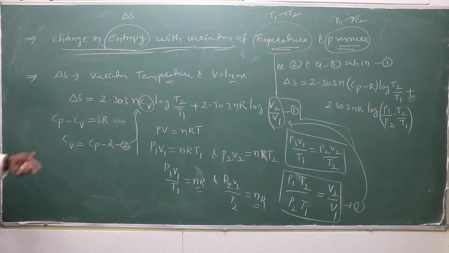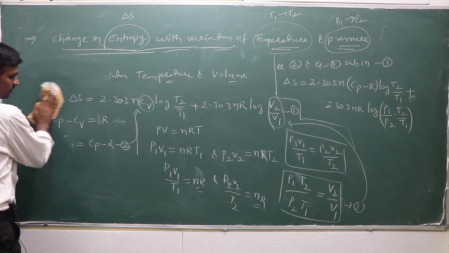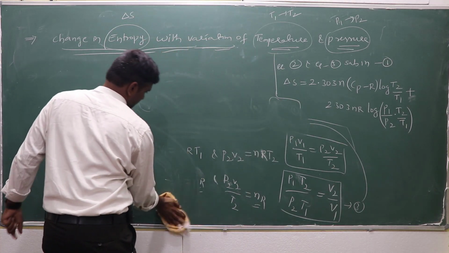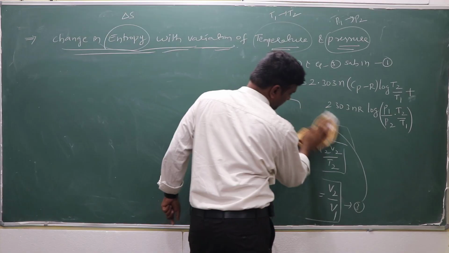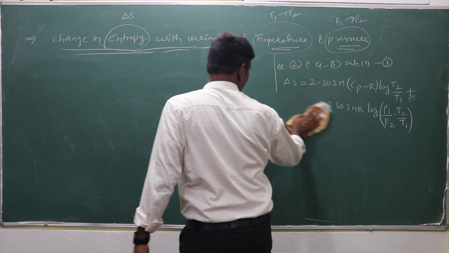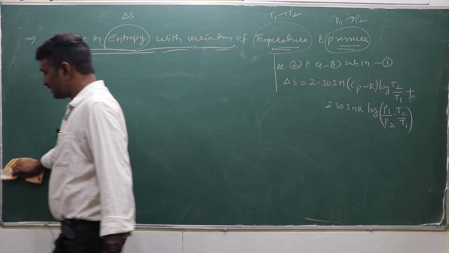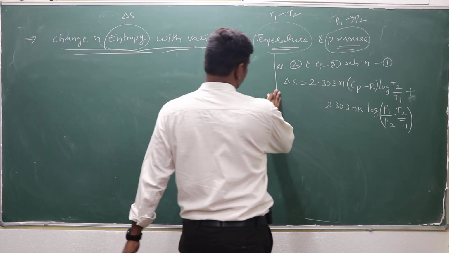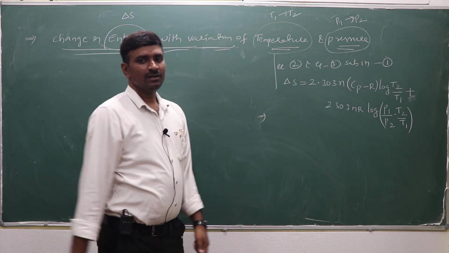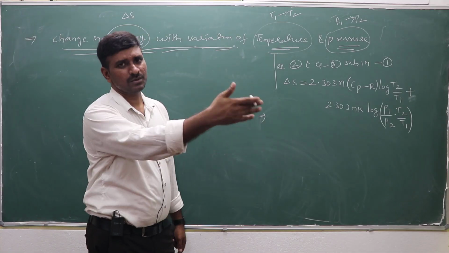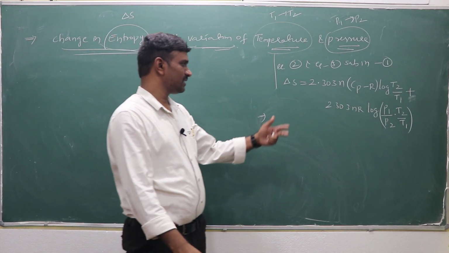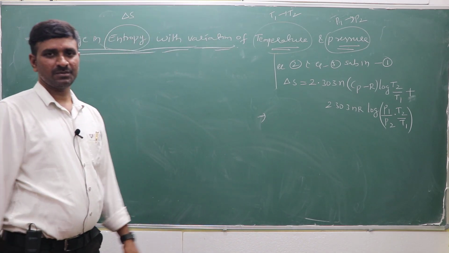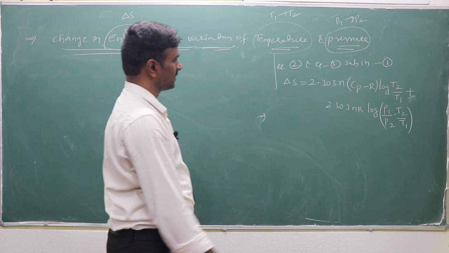Just as in the earlier equation, in the place of Cv and V2 by V1, small changes take place. The direct step may also be given. We can apply the direct steps, because from the examination point of view it is time consuming, so we can use the direct steps, right?